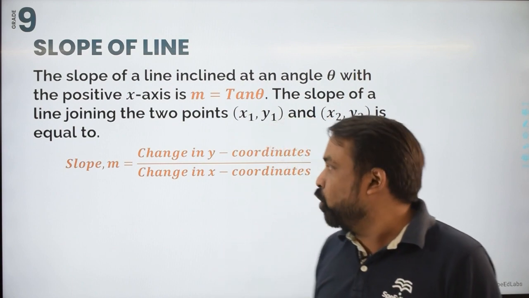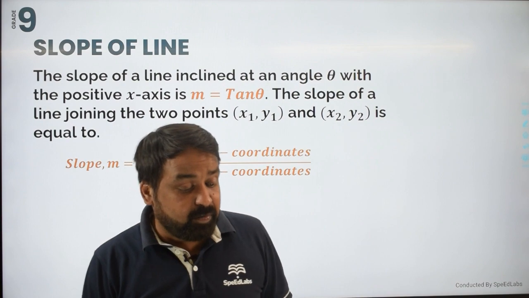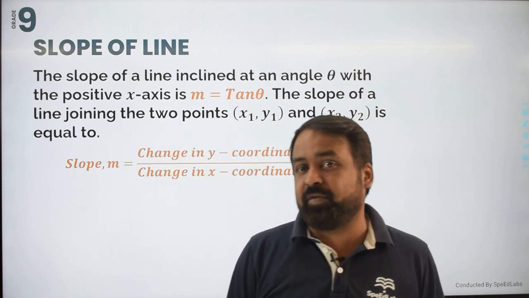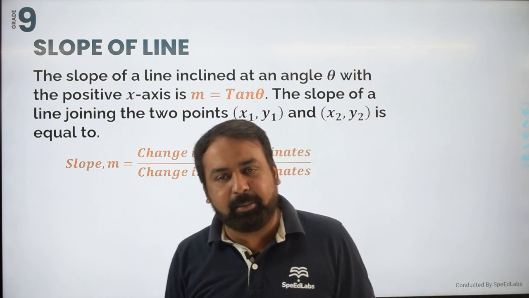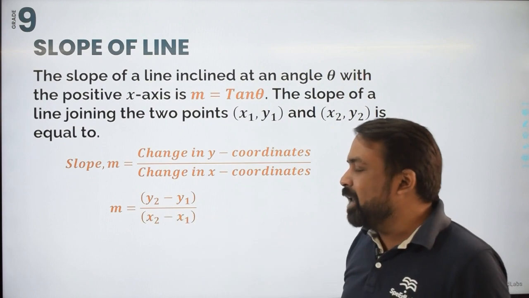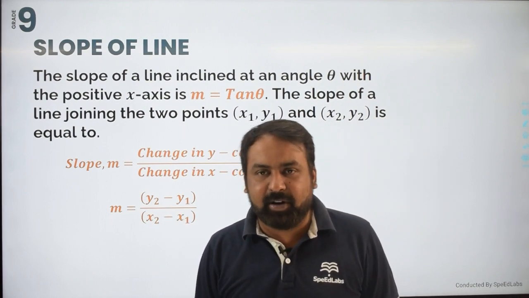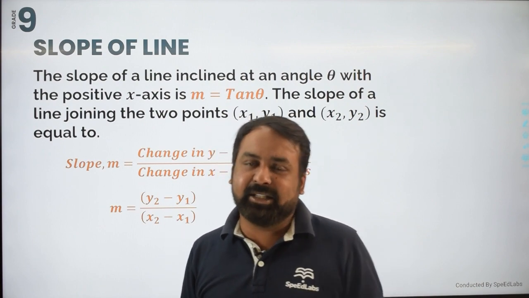That will be the slope if two coordinates are given to us. And if the angle which the line makes with the positive direction of the x-axis is given, then m is equal to tan theta is the slope of that line.